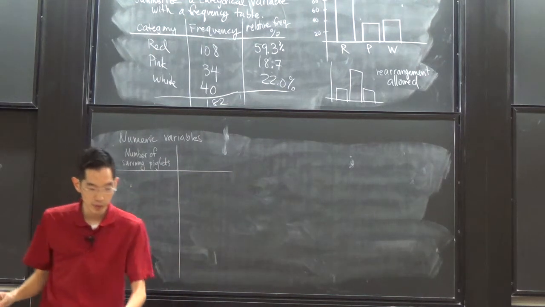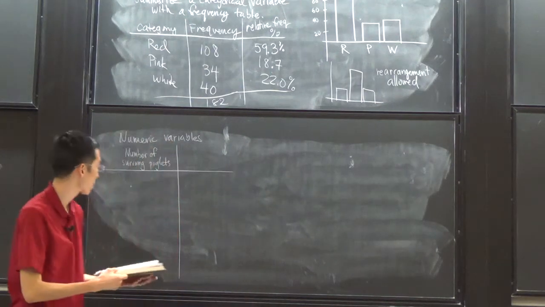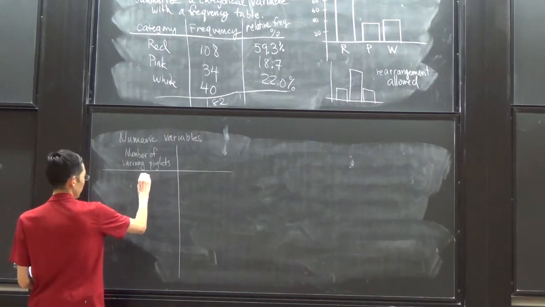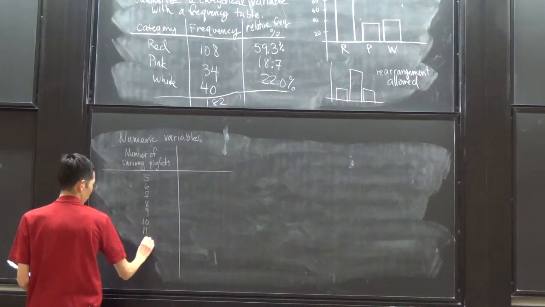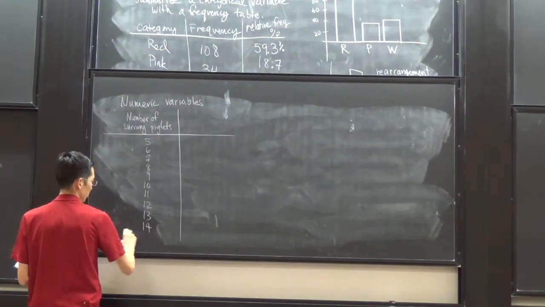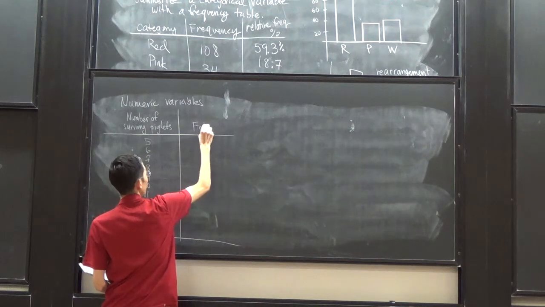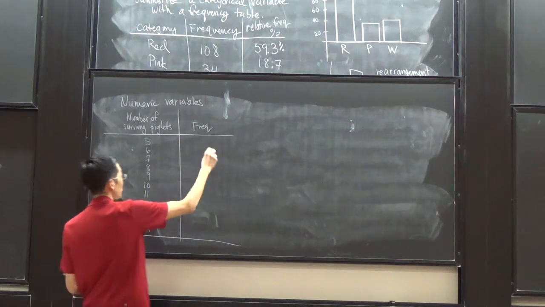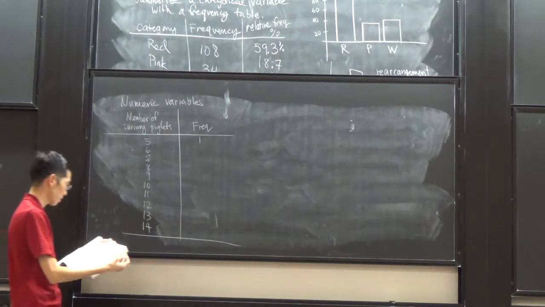And this goes anywhere from 5 to 14. And we looked at, how many times did this happen? Okay, so there was one sow that had only 5 surviving piglets.